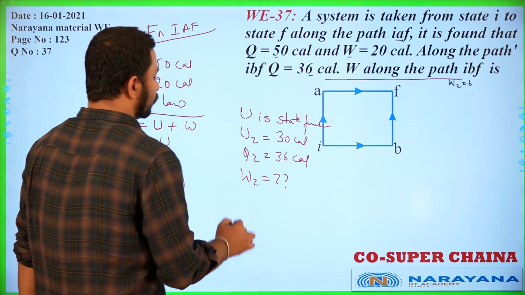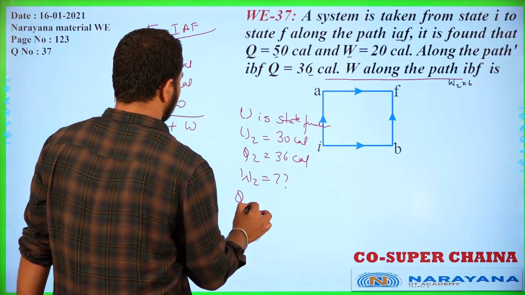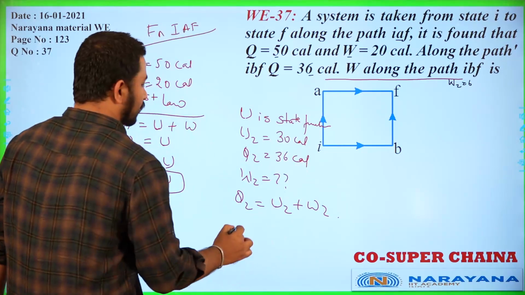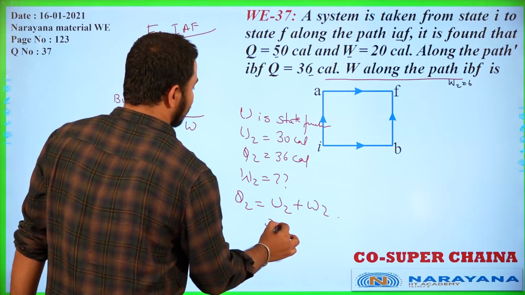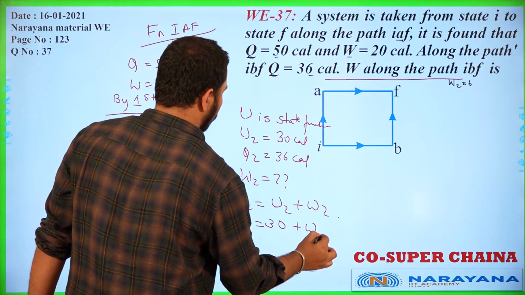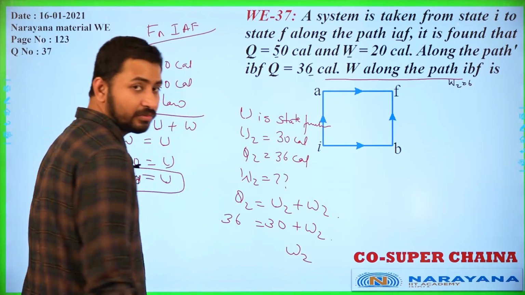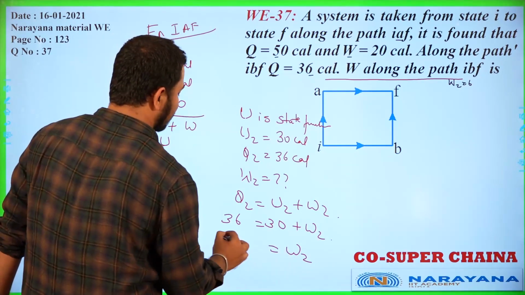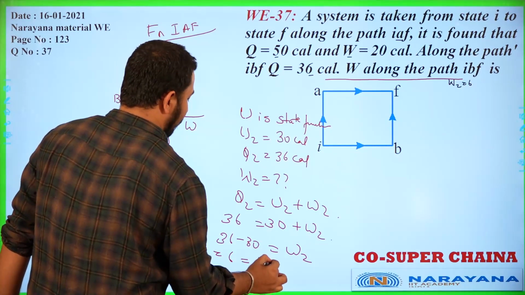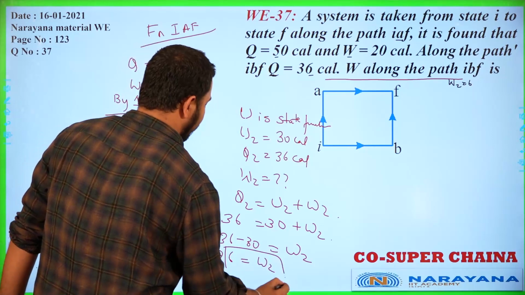We apply the first law again: Q2 is equal to U2 plus W2. Substituting, U2 is 30, Q2 is 36. So W2 is coming as 36 minus 30, and that will be 6.